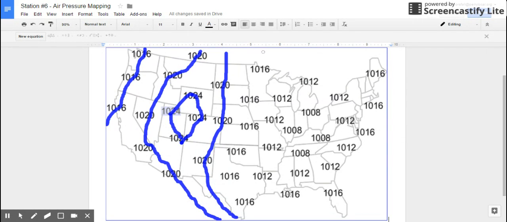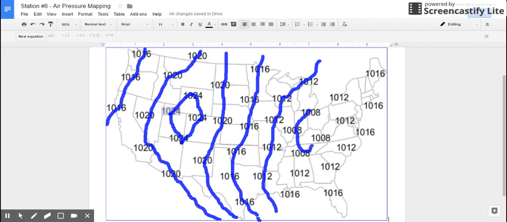You'll notice that the lines never cross each other. That's one of the most important things about these. A little circle over here.